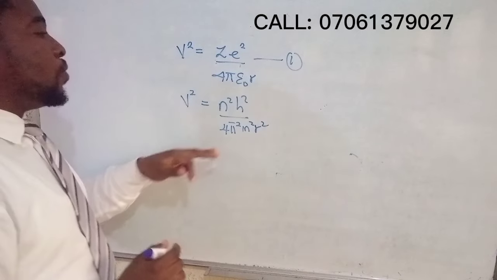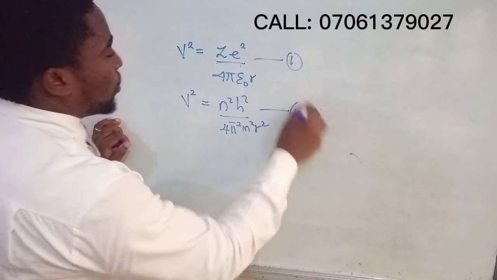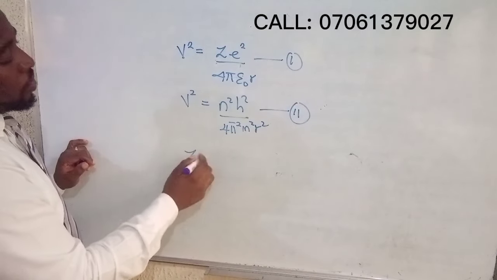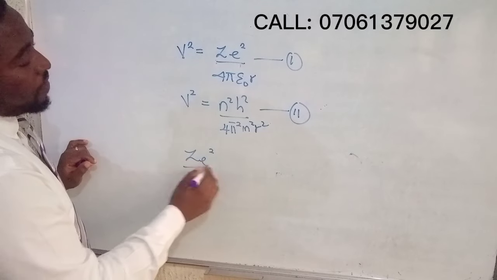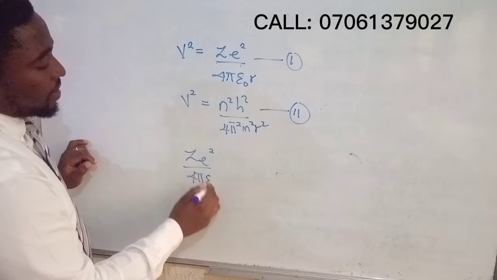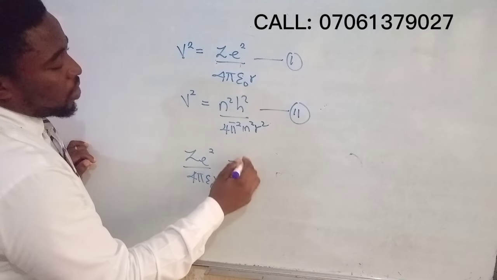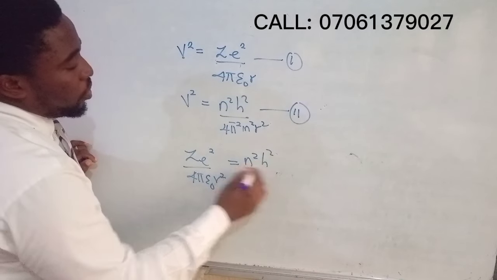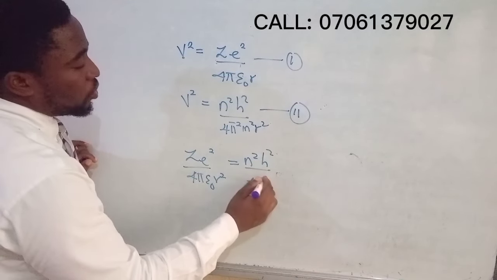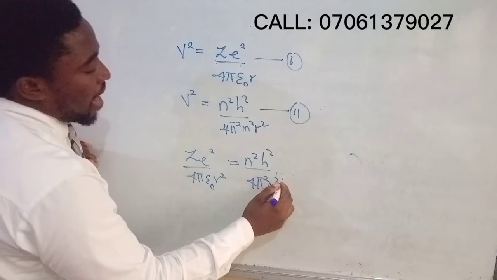Okay, there's no epsilon there. So we are going to equate 1 and 2. So when we equate 1 and 2, we have Ze squared over 4 pi epsilon naught r. I believe you can see it clearly from there. That's equal to n squared h squared over 4 pi squared m squared r squared.